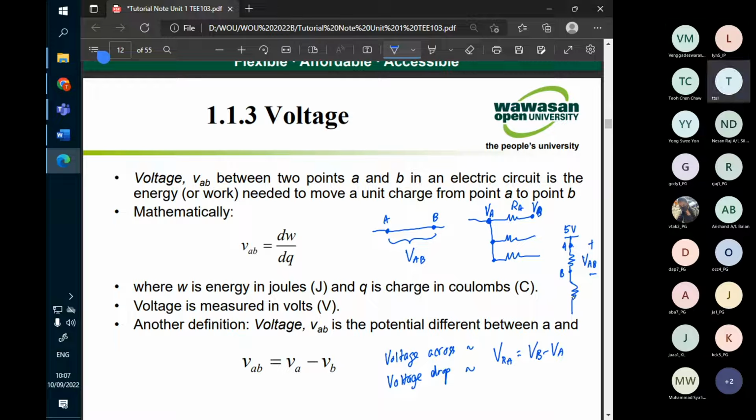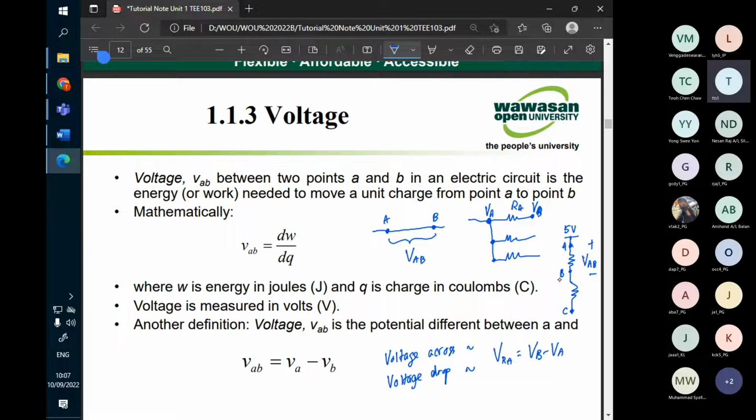And then if we go across another component here, this component should have another potential difference. So this voltage here and the voltage here should be different, because they have something in between which drops the potential, the pressure, the water. When it comes to the water pipe analogy, it is pressure, right?